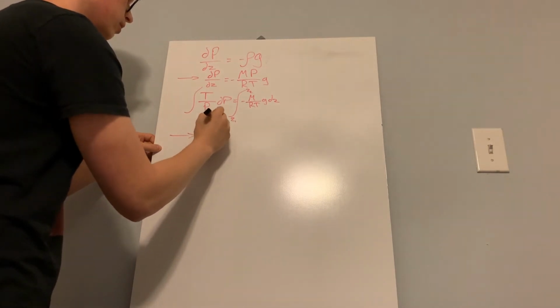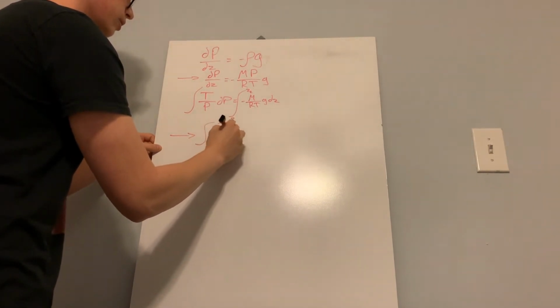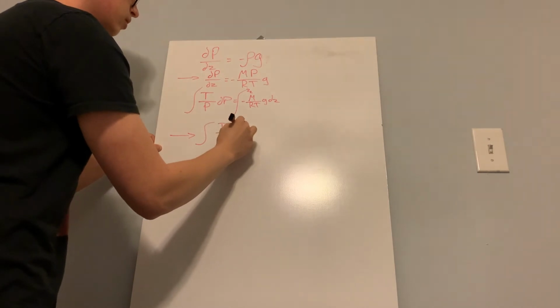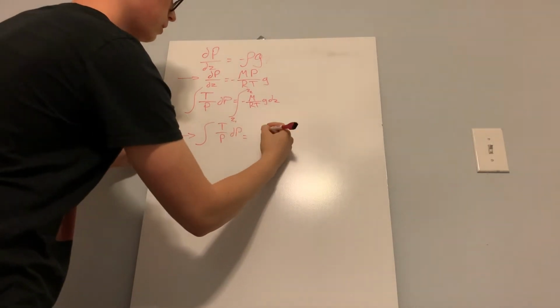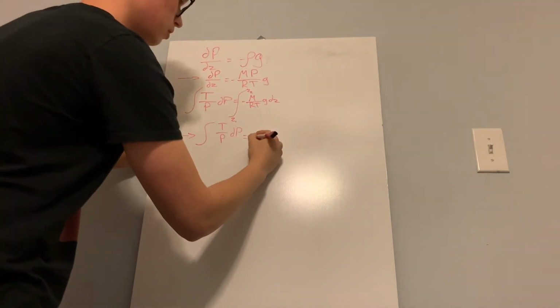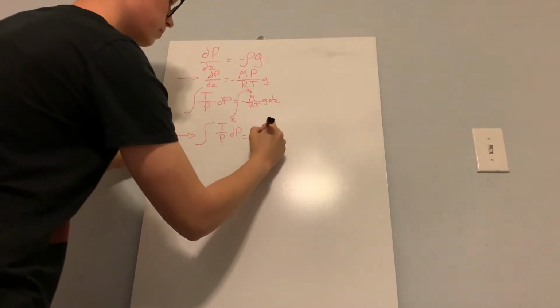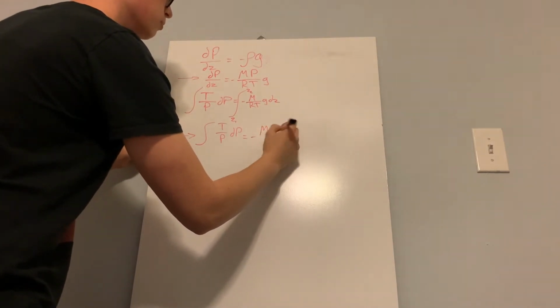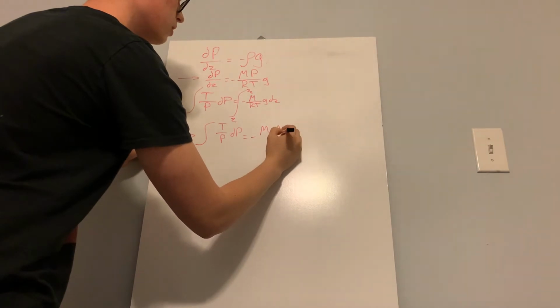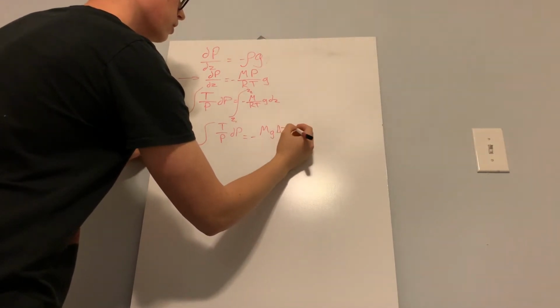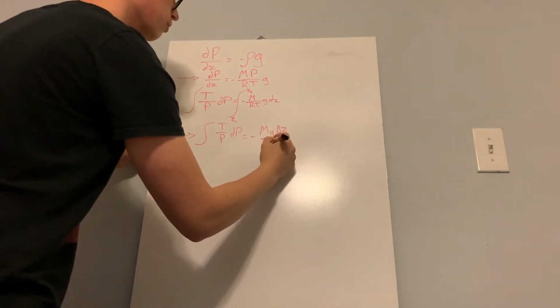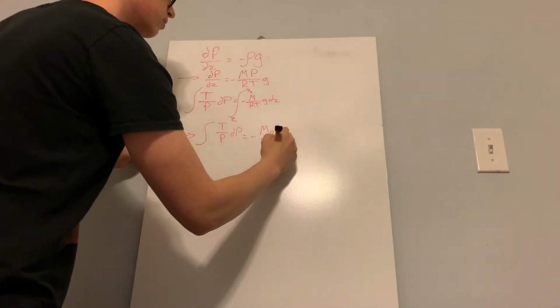I'll explain why. So we have our temperature, pressure, dP, and it's pretty simple. We end up with mg delta z, or change in altitude, over RT.